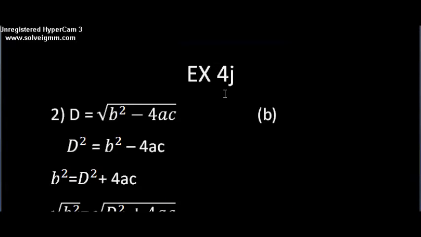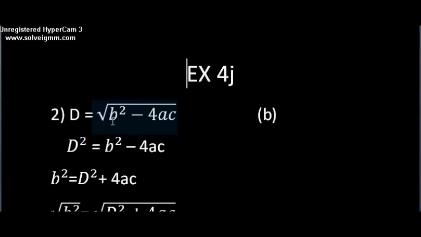Exercise 4J. This exercise is also just like the last exercise, exercise 4I. Here you have to make b the subject of the given formula. The question number 2: d equals the square root of b square minus 4ac. You have to make b the subject, which means you have to find the value of b.